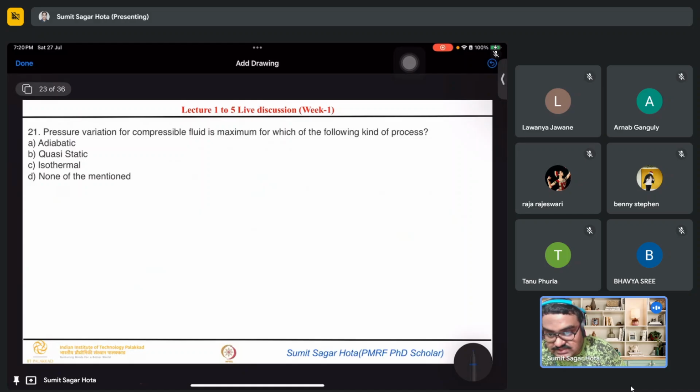So the next question: the pressure variation for a compressible fluid is maximum for which of the following kinds of process? Okay, so now they are telling pressure, they are varying the pressure.